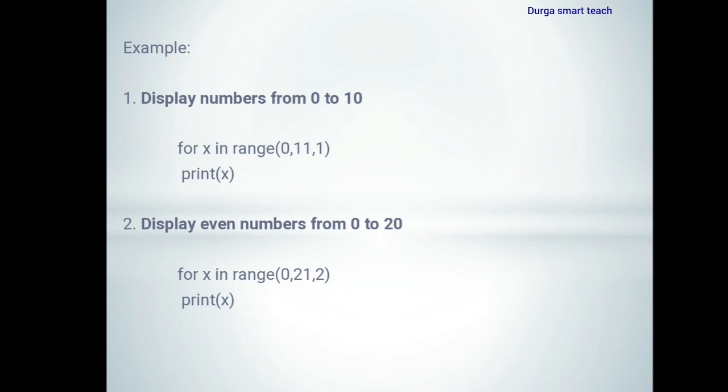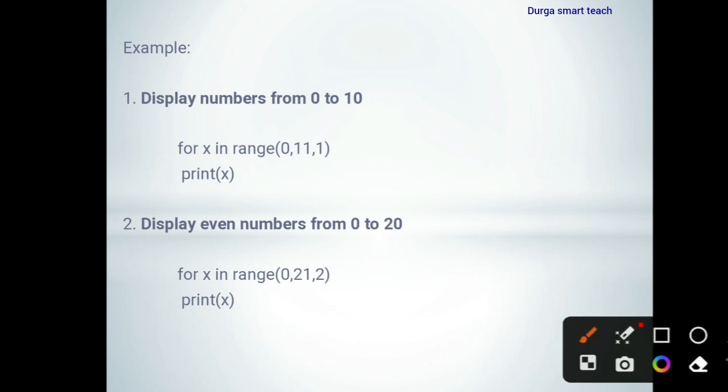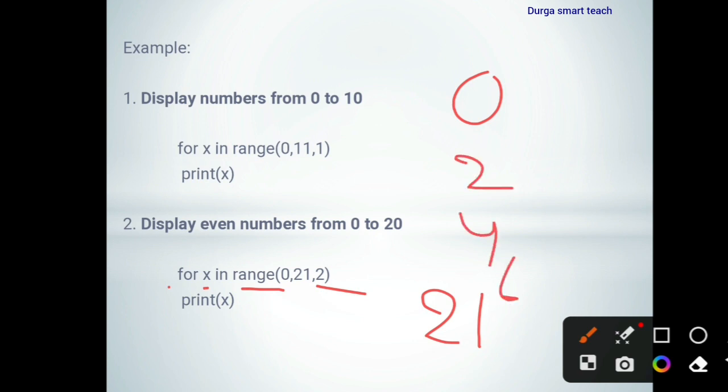Next example: I want to display only even numbers from 0 to 20. For that you need to take for x in range, where start is 0, stop is 21, and step is 2. So 0 plus 2 is 2, 2 plus 2 is 4, 4 plus 2 is 6, like this.